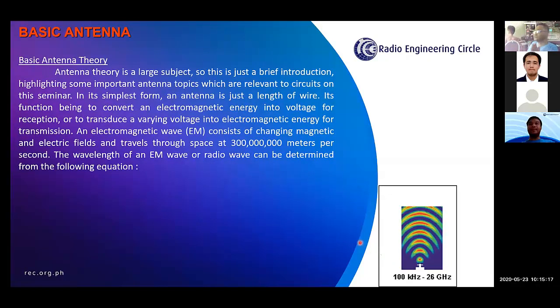We are talking about basic. Ano ba itong basic antenna? Basic antenna is part of a radio station. But this is the very important part of the antenna. Not an instrument, but it is an equipment. Why? Kasi, ito lang ang pwedeng magbigay ng final.